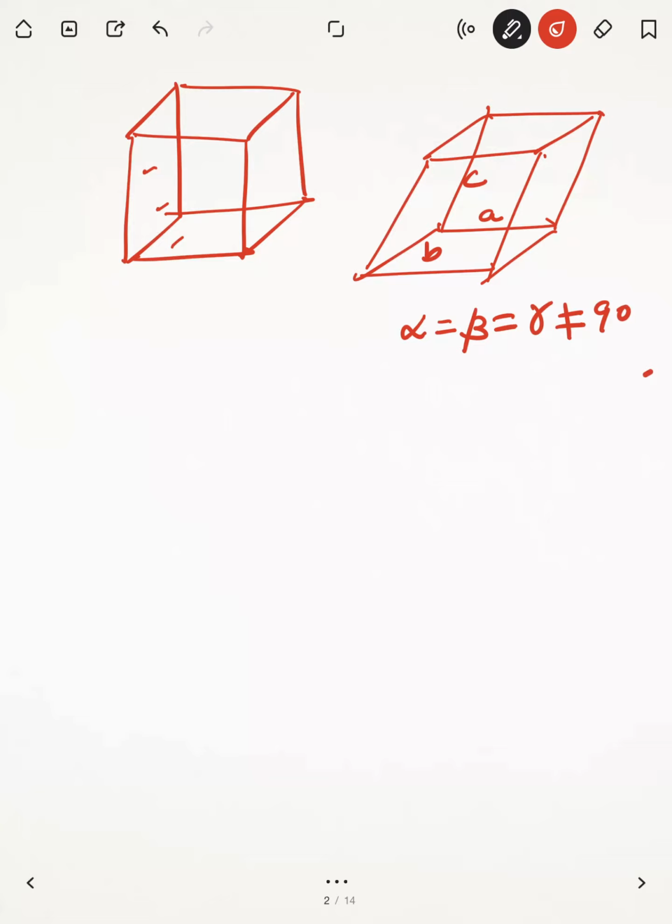All got tilted to the right hand side. Since it was a cube, A is equal to B is equal to C. This has only one variation, that is primitive. Primitive means only at the corners. Only one variation.